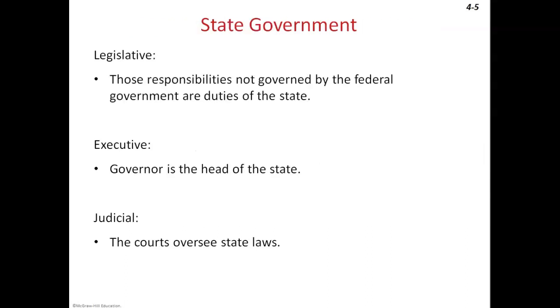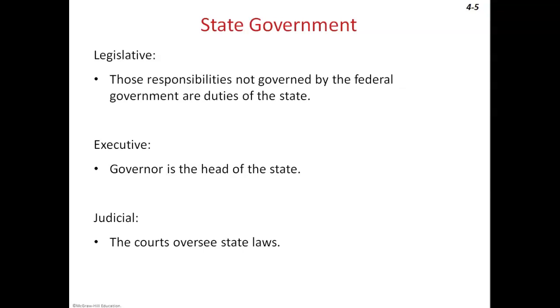The state government is designed very much like the federal government with 3 branches of power: legislative, executive, and judicial. The legislative branch still consists of 2 chambers, the Senate and the House of Representatives, but differs from the federal government in that the number of legislators is defined by the number of districts inside of the state, and the term length is not always the same.